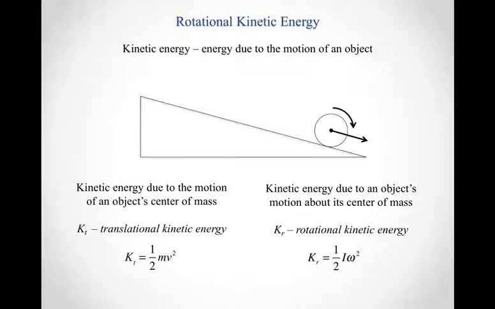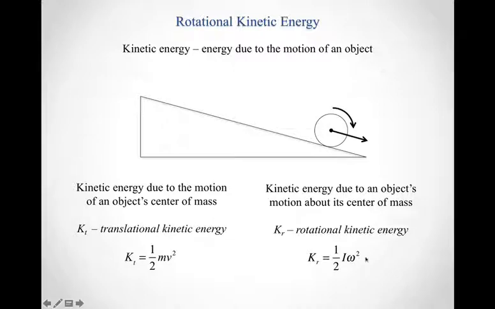And again, notice what we've done here is we've taken our translational quantity and replaced it with its rotational analog. So mass becomes moment of inertia, speed becomes angular speed. And so our rotational kinetic energy we're going to calculate as 1/2 times the moment of inertia of the object times omega squared.